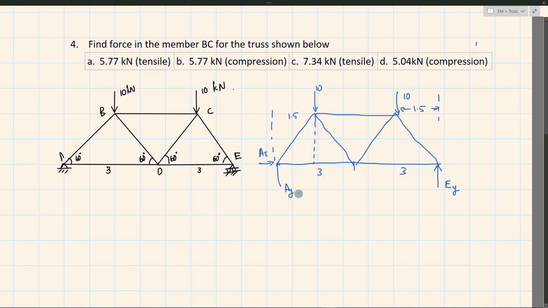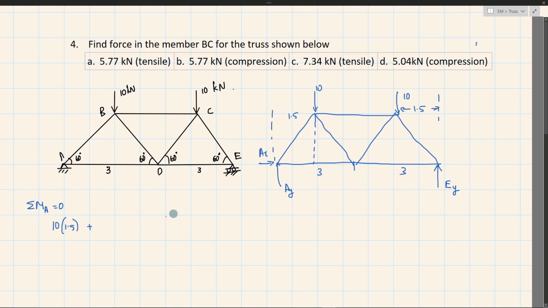So I can take moment about A is equal to 0. Since this body is in static equilibrium, I can apply moment about point A, right? Firstly, the 10 kilonewton force tends to rotate the body in clockwise direction, so I'll have a positive sign for it: 10 into 1.5.